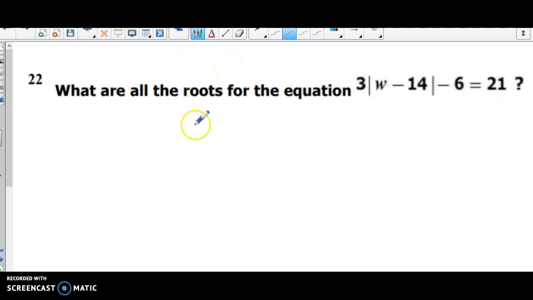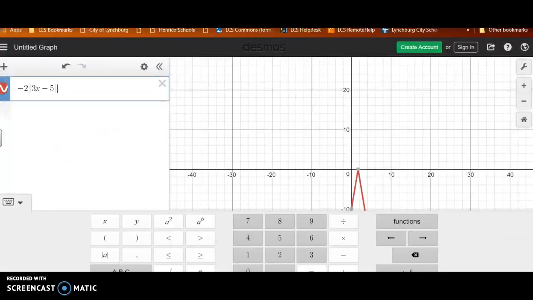What are all the roots? Remember, roots, solutions, x-intercepts, all of those mean the same thing. So if we put this in Desmos, I'm going to put the left side in. So I end up with 3 absolute value of x minus 14, and I always use x for my variable.